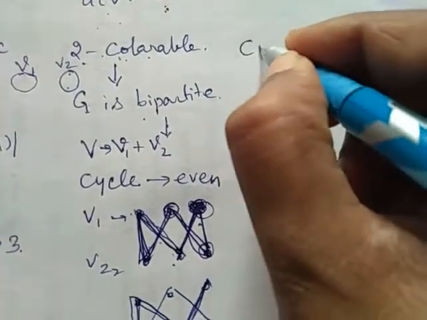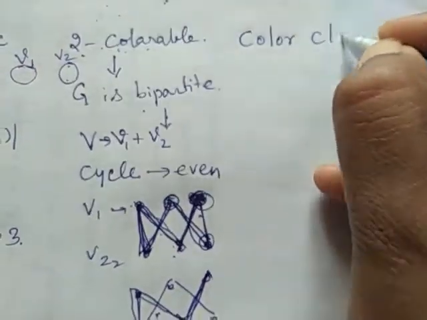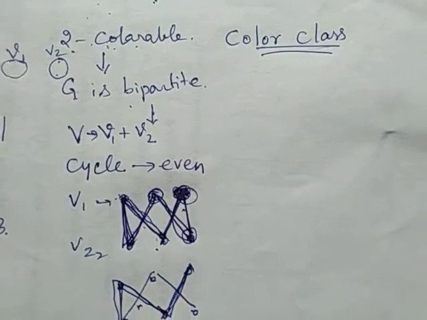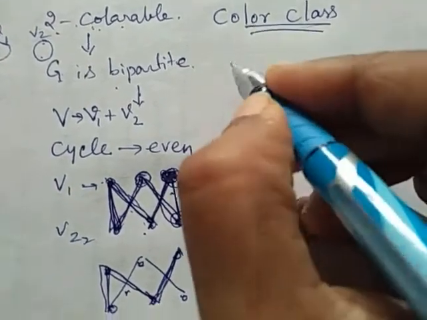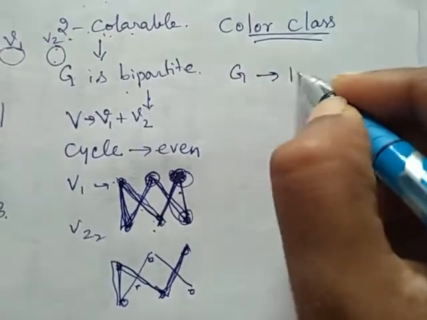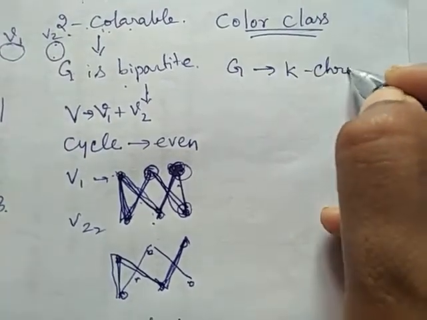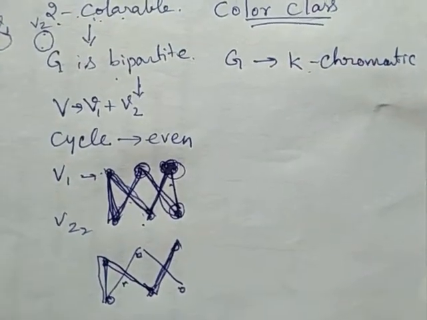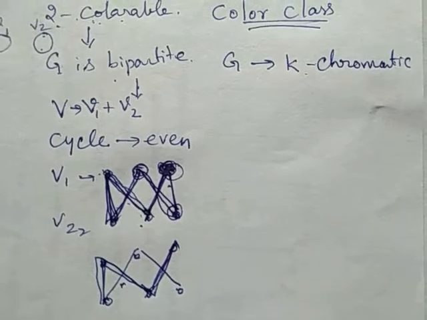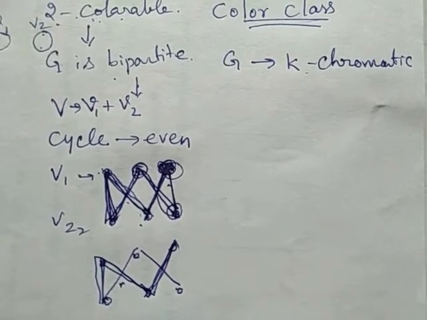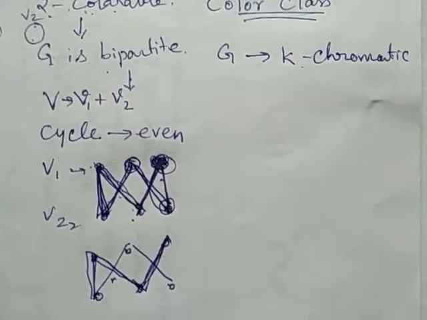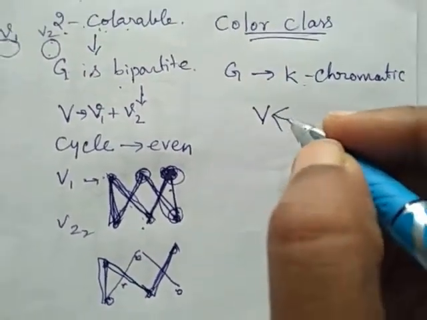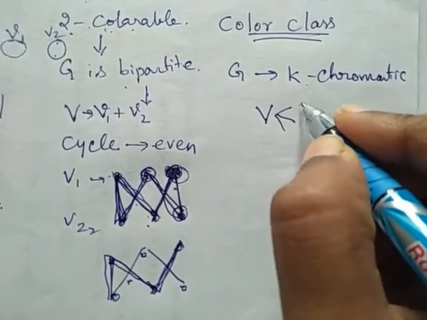The last definition in this topic is color class. Suppose we have a graph G which is a k chromatic graph. It means using only k colors we can color the graph properly. Then it is possible to partition, or divide, V, the vertex set of G, into k independent sets.